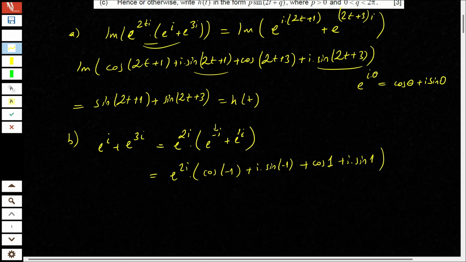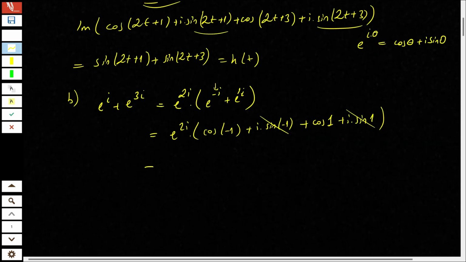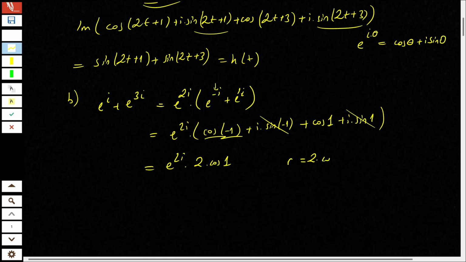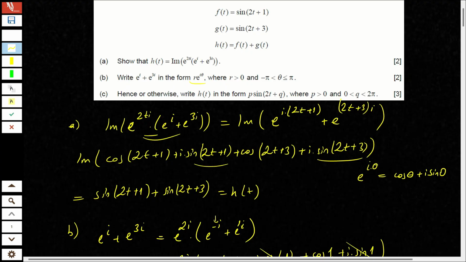As you see from here, minus sine 1 and sine 1 will cancel. And from here you can say e to the power of 2i times 2 times cosine 1, because I know that cosine of minus 1 is cosine 1. We show it because the question asks for this form. In this case, r equals 2 times cosine 1 and theta equals 2, which is in front of i.